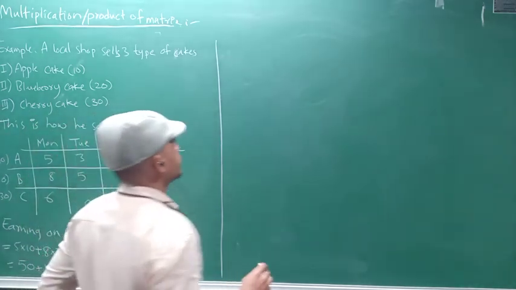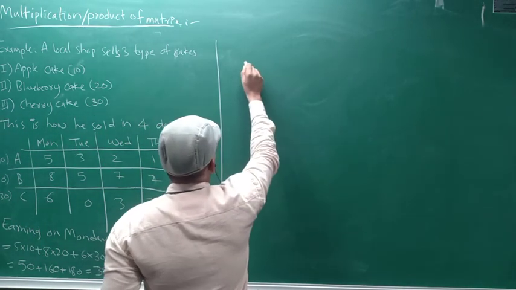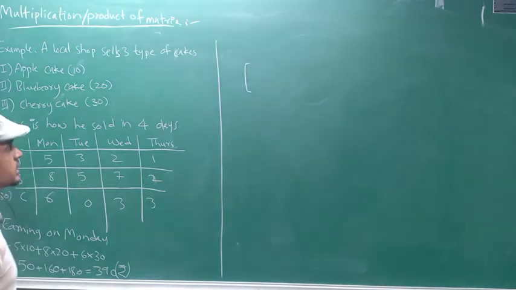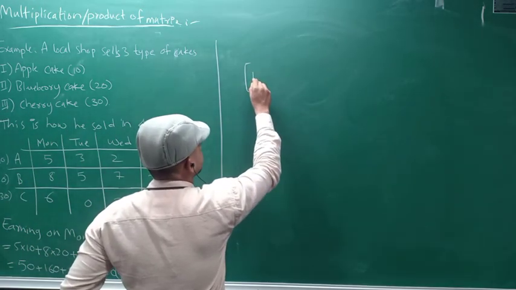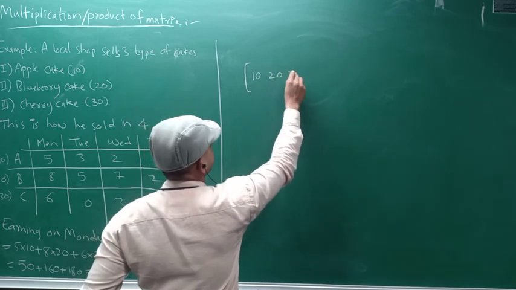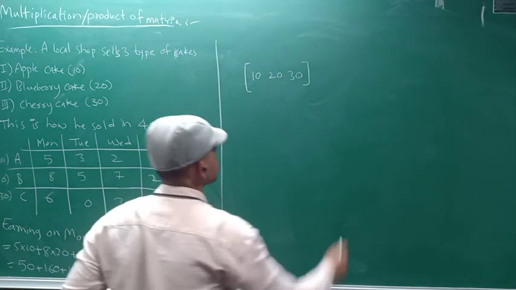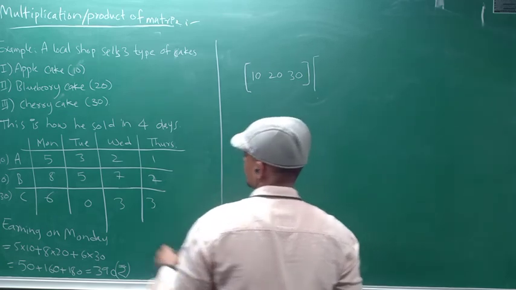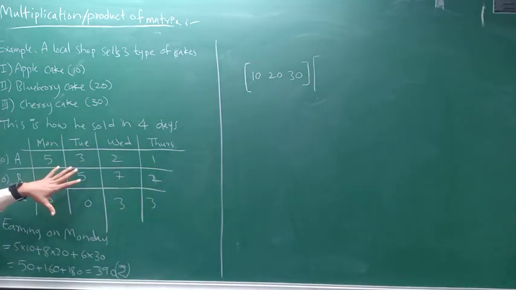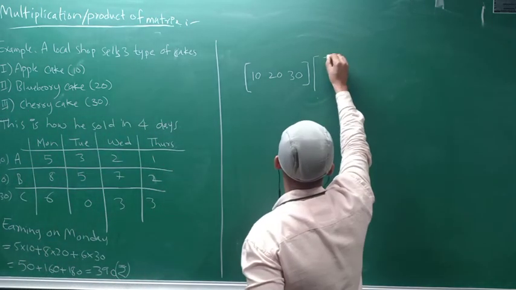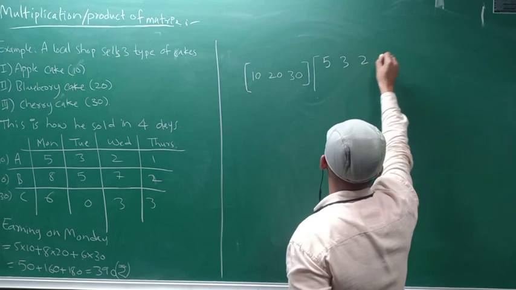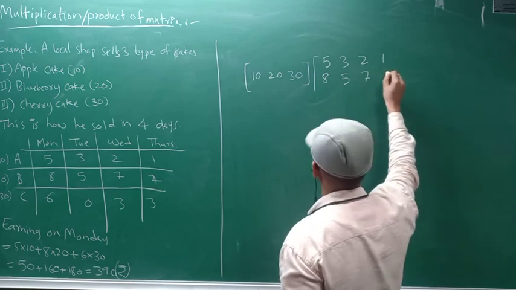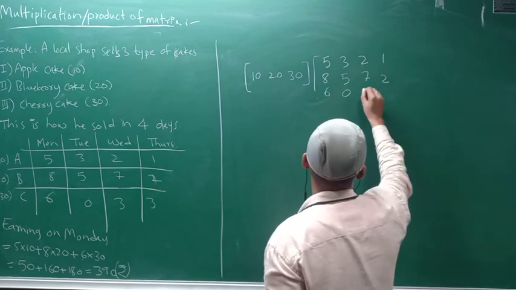So in matrix way, suppose I have a matrix in which I have the cake prices 10, 20, 30, and in the second matrix I have the number of cakes: 5, 3, 2, 1, 8, 5, 7, 2, and 6, 0, 3, 3.